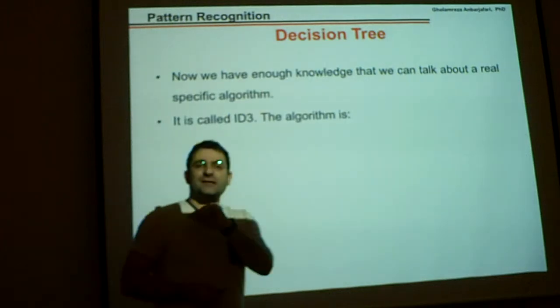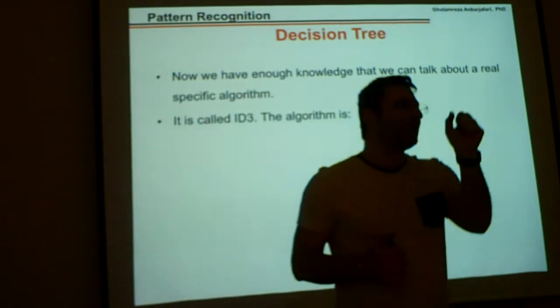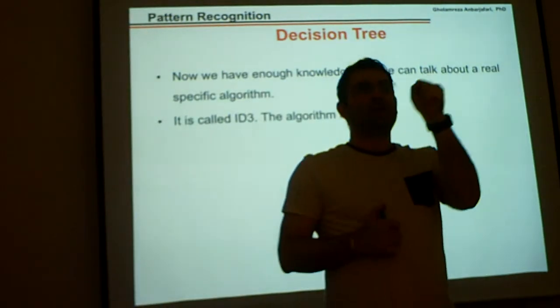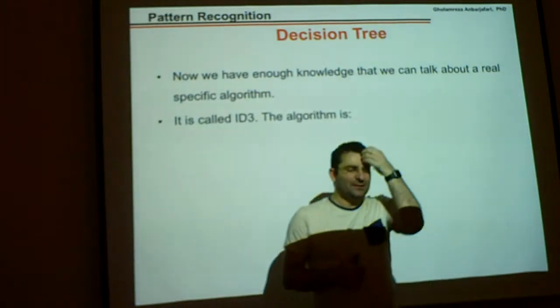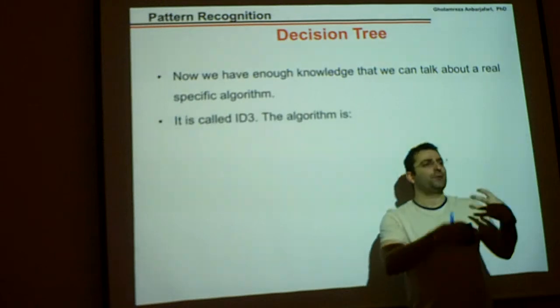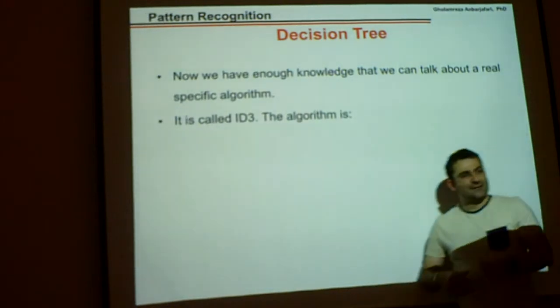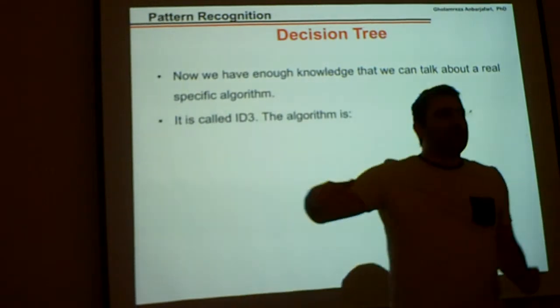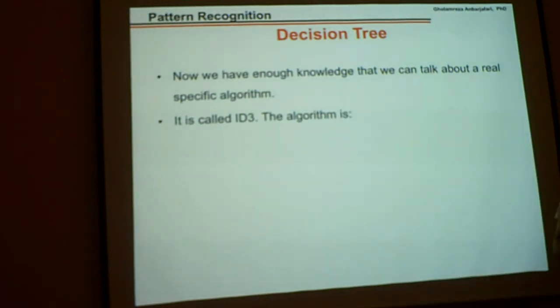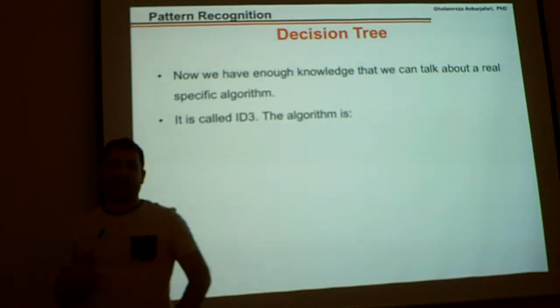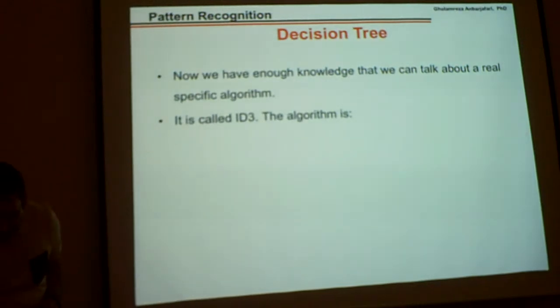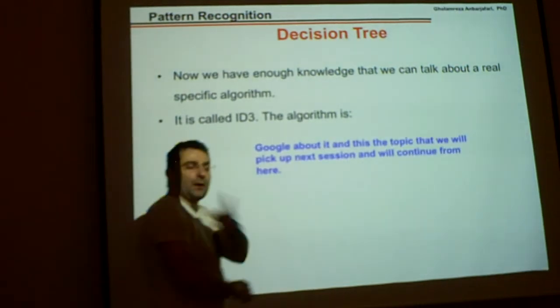You also understand, if you want to make the tree, what the best attribute is, from the 20 questions game. Now that we have good knowledge, we can say, hey, decision tree, you are a good friend. We are ready to talk about a very famous algorithm called the ID3 algorithm. This is something that we will talk about in the next session.